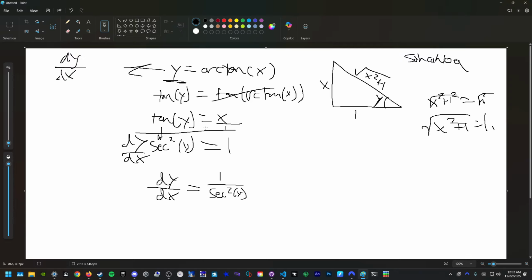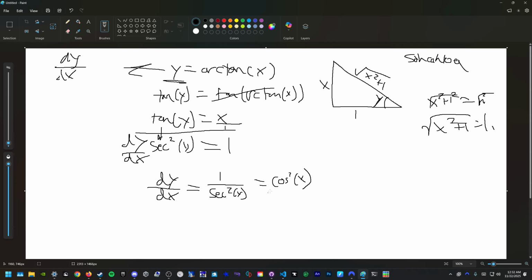Okay, we're almost there, guys. The next thing we can recognize is that secant squared of y, sorry, not x, is the same as 1 over the cosine squared of y.